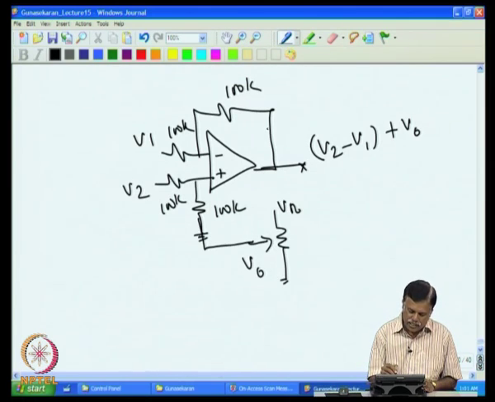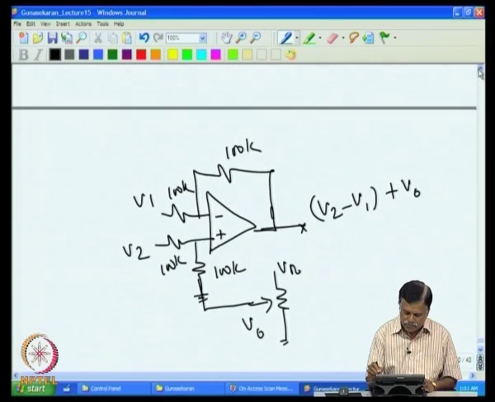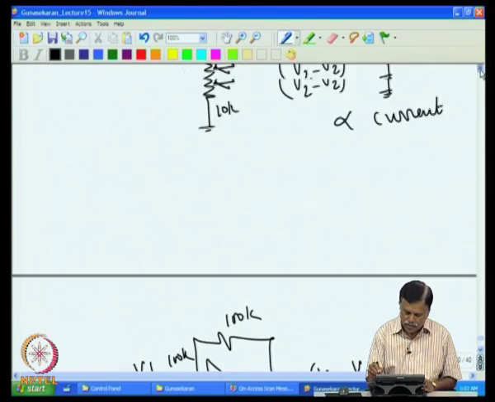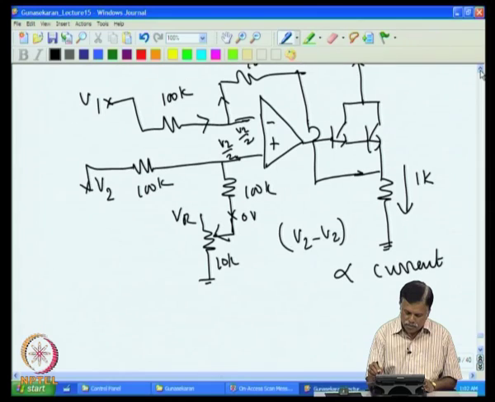Now, instead of connecting it to this here, if I connect to the output somewhere, as we did in this case, we have connected the minus terminal not to the output but to this point.